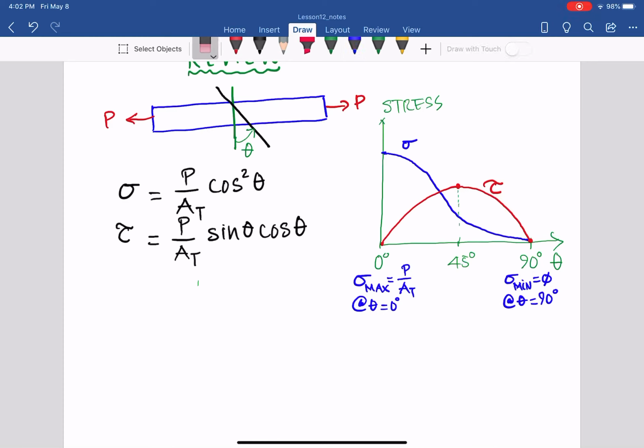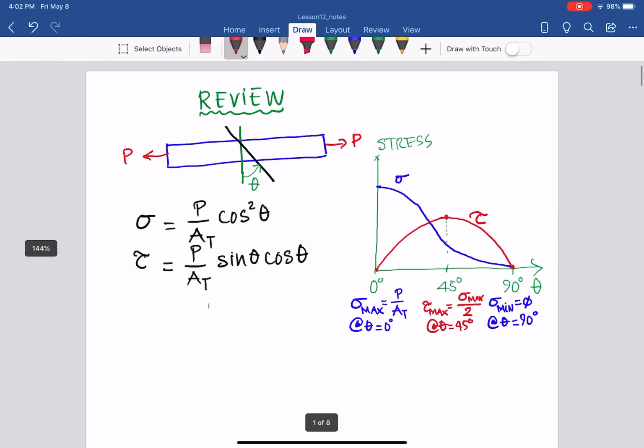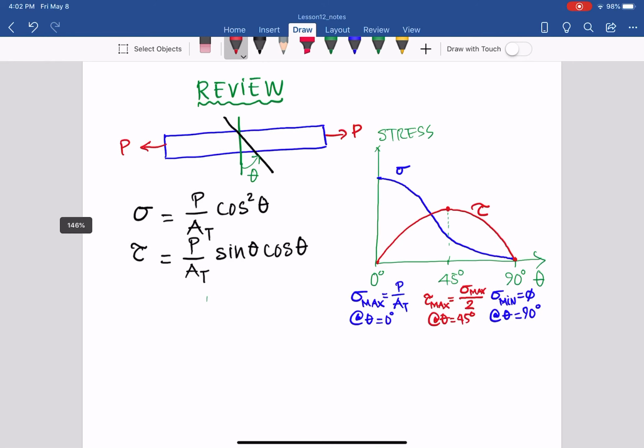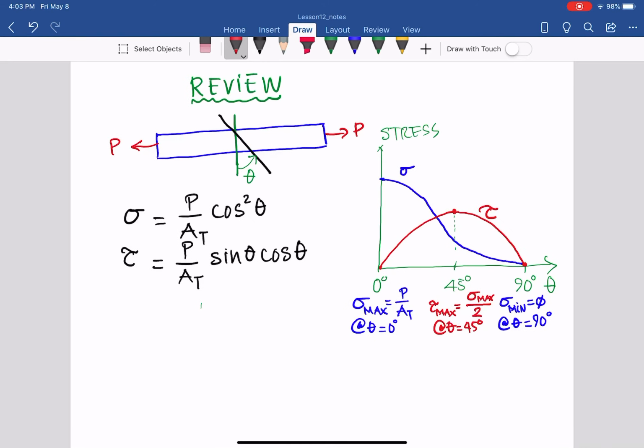And we also have the tau maximum, and tau max, as I mentioned, is at 45 degrees. Plugging in that equation, it equals sigma max, which is P over AT divided by 2, at theta equal to 45 degrees. So that is the review of the lesson we had before we move on to do the stress transformation.